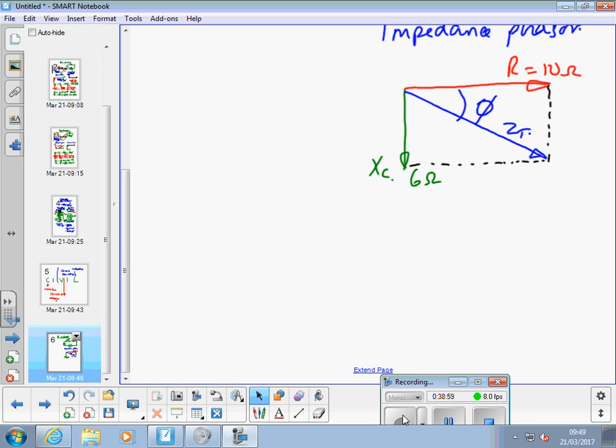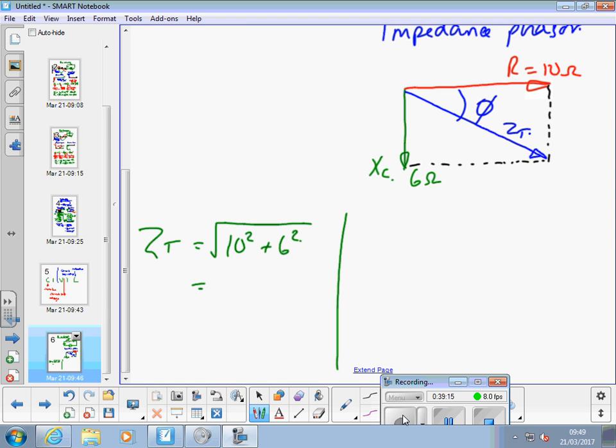Again, we could use the two different methods. Magnitude can be calculated from the square root of 10 squared plus 6 squared. And the angle is tan to the minus 1 of 6 over 10.